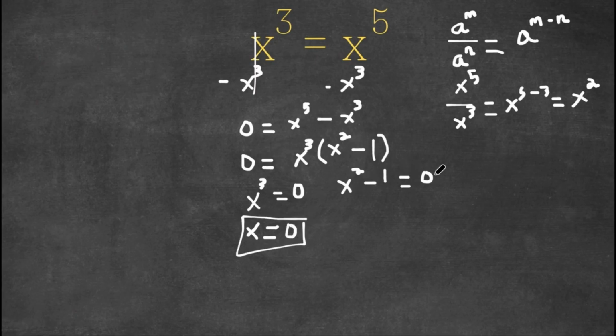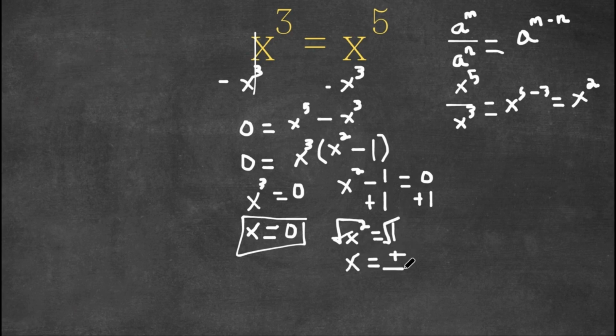Now we have x squared minus 1 equals 0. If we add 1 on both sides, we get x squared equals 1. Now if we take the square root on both sides, because we just want x, we get x equals positive or negative 1.